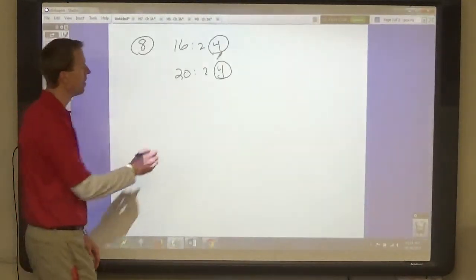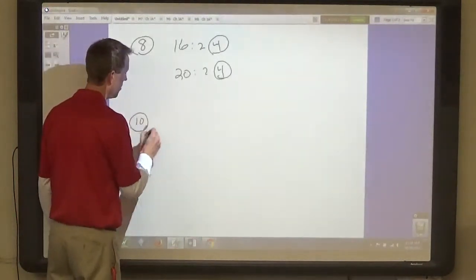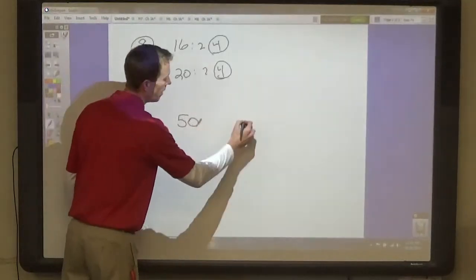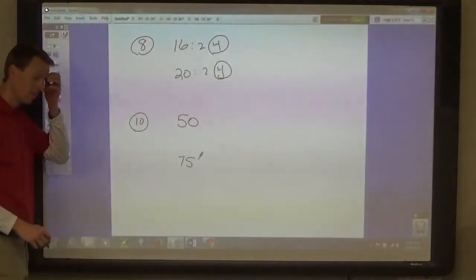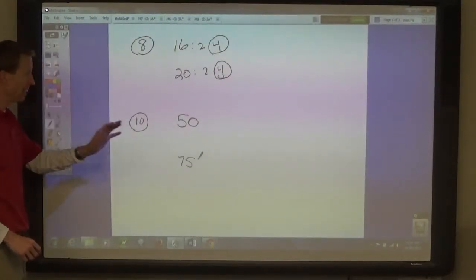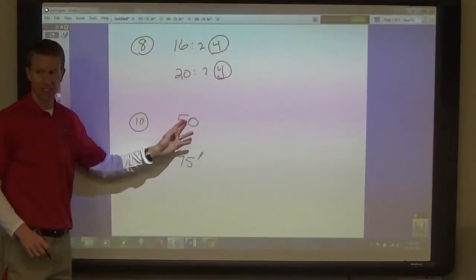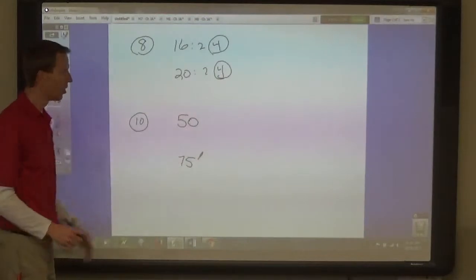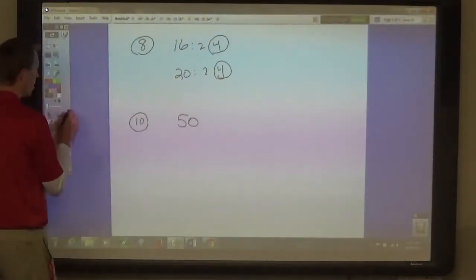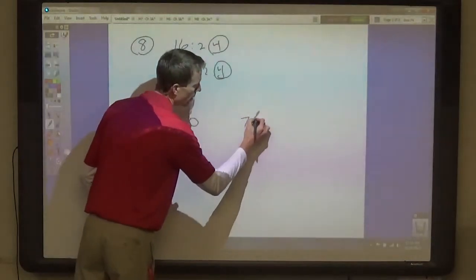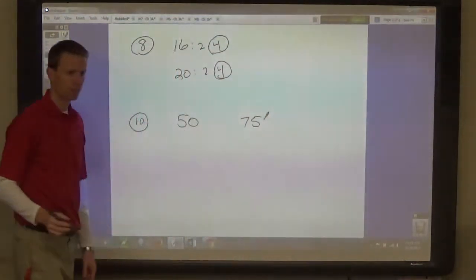How about number 10? We have 50 and 75. I don't want to list all the factors of 50. So let's use the other method. We're going to multiply the common factors. Okay?